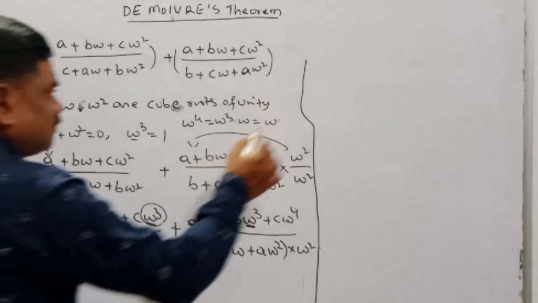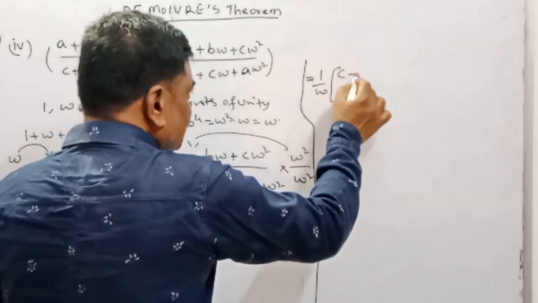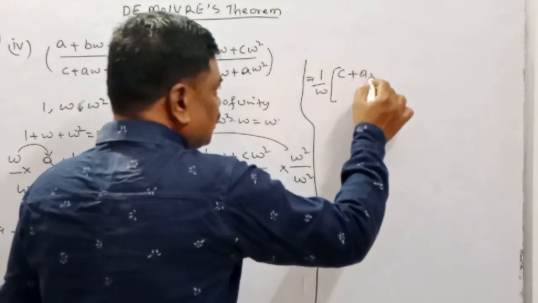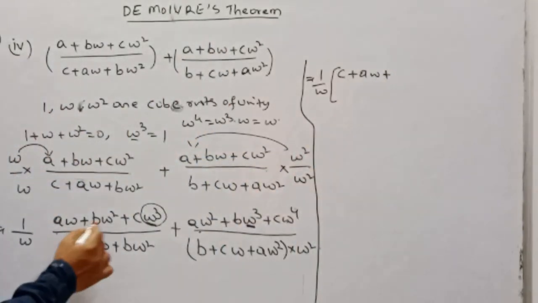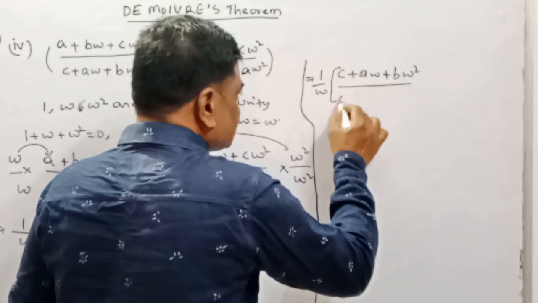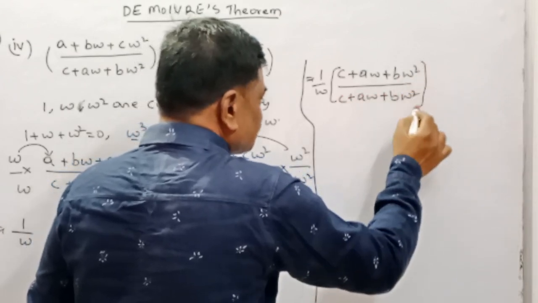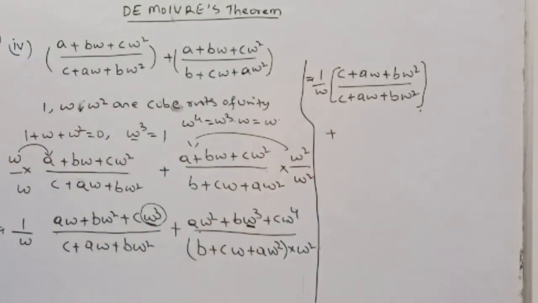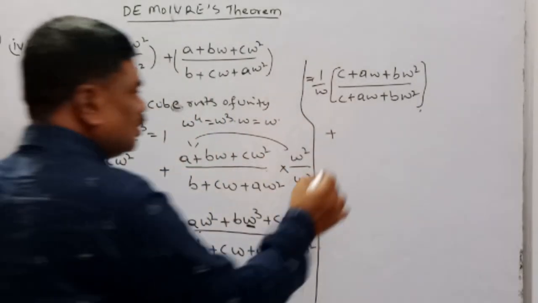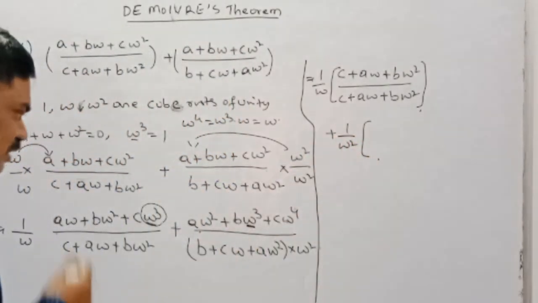You can write c first. 1 by omega of (c plus a omega plus b omega square) by (c plus a omega plus b omega square) plus 1 by omega square of this one.